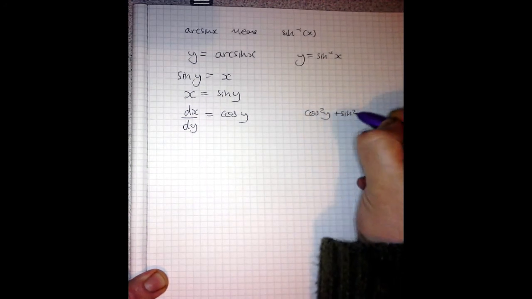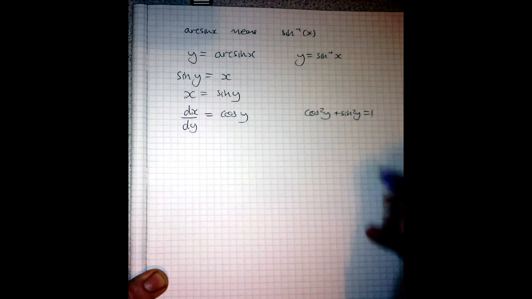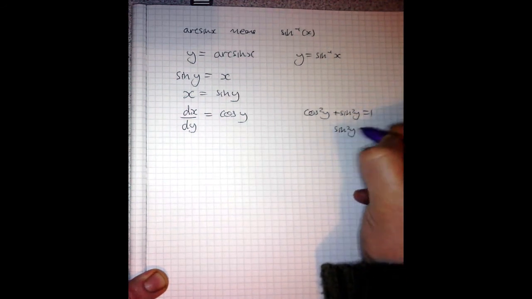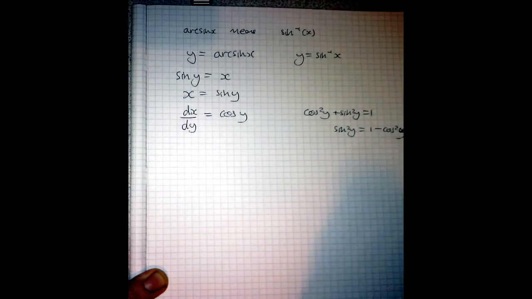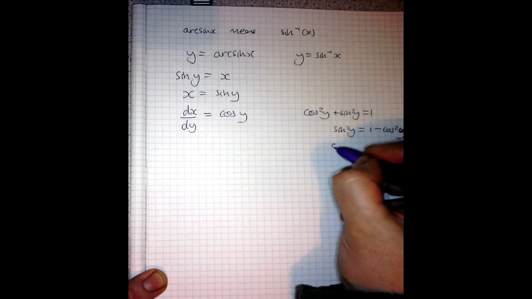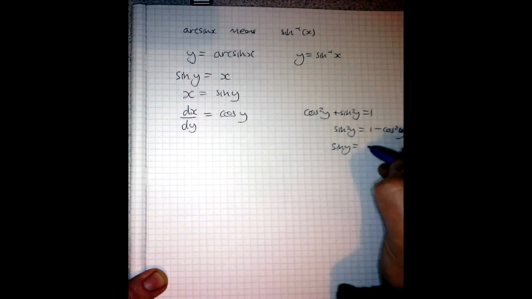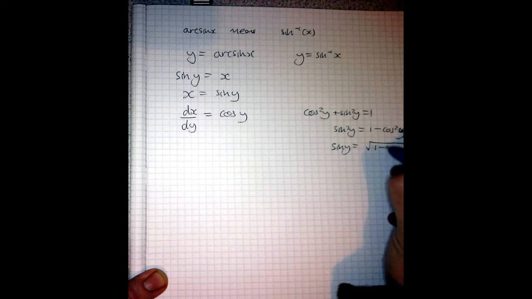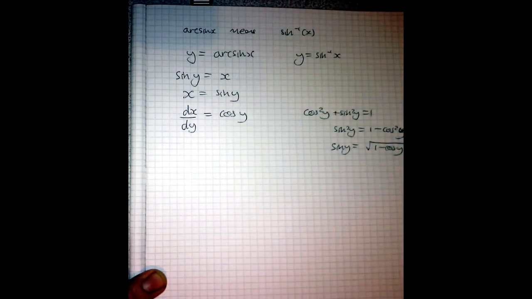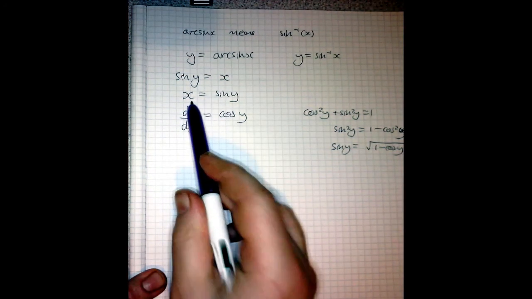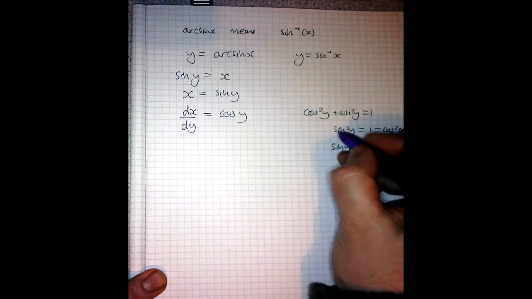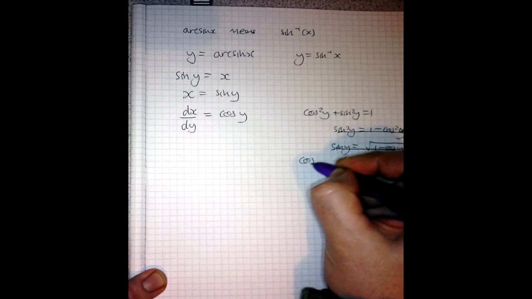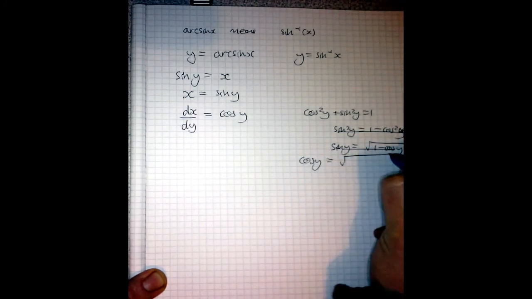Let's write it in the way that we like it. Now I can't find dy dx directly, but I can find dx dy. Sine differentiates to cos. Remember that cos squared y plus sine squared y equals 1. So I can work out an expression, oops, I wrote x instead of y, I can work out an expression for cos y.